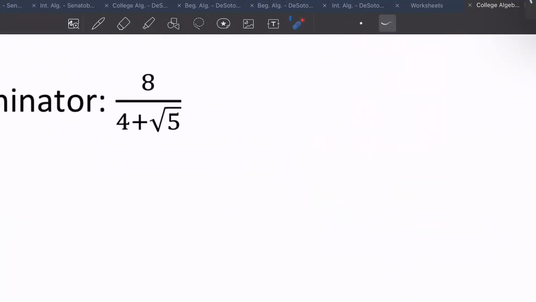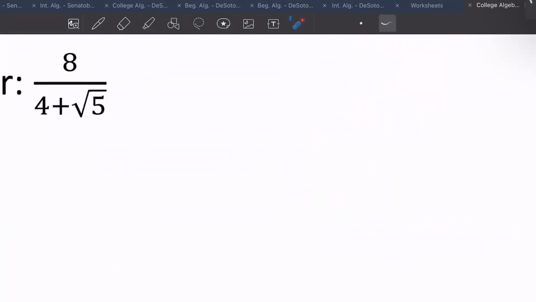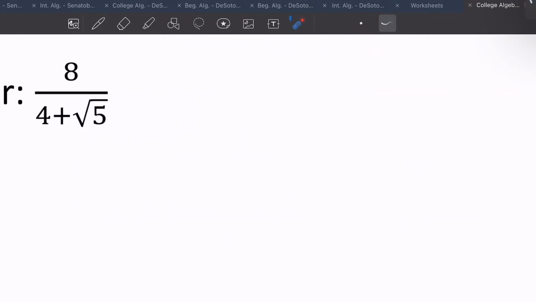Well, what about if I had 2 terms? We are going to multiply the top and bottom by something. All right, and that something is actually a fancy word. It's called the conjugate. We're going to multiply by the conjugate of my denominator.